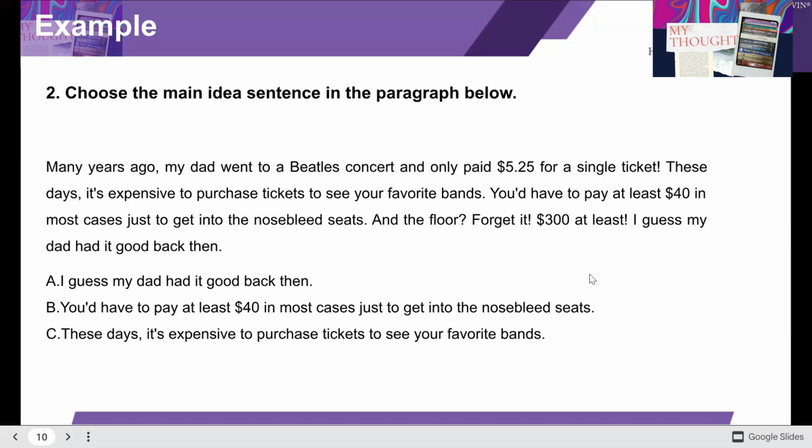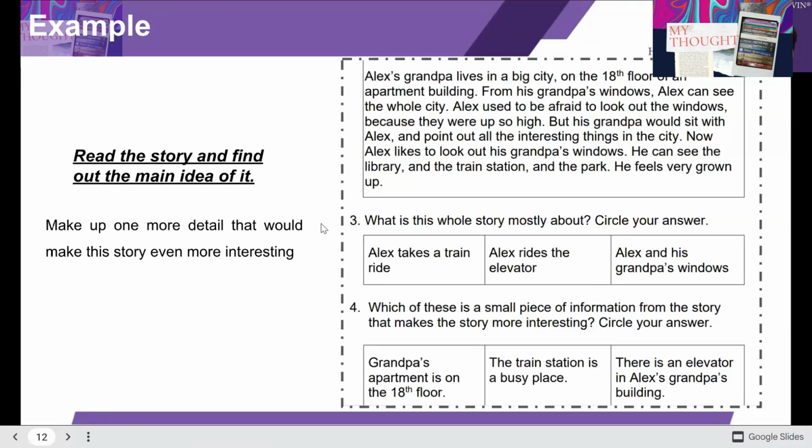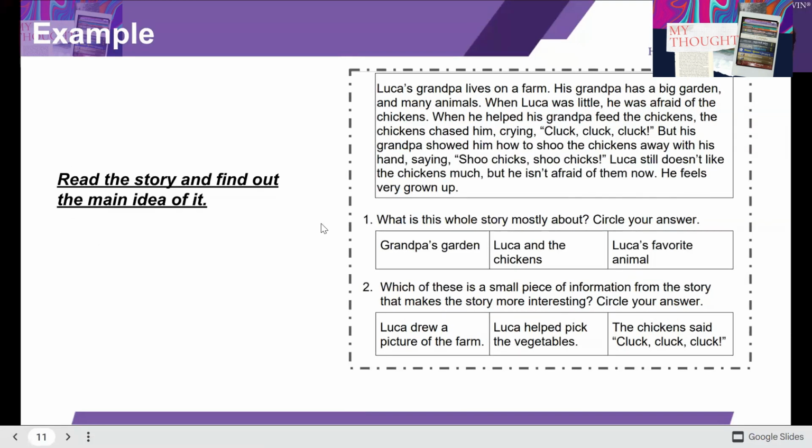Now you understood how there will be so many ideas given in one paragraph, and you have to look for the main idea. Now again we have an example. We have two more examples. Please solve these two as well.